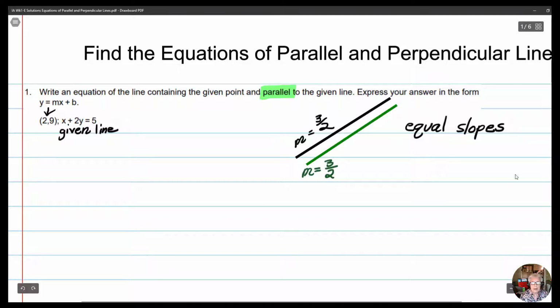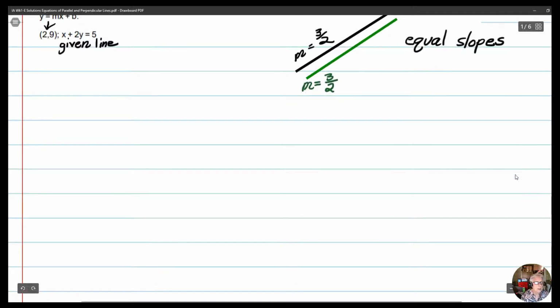Okay? That means that when we write the point-slope formula, y minus y1 equals m times x minus x1, the slope will be the slope of this line because our line is parallel to this line.